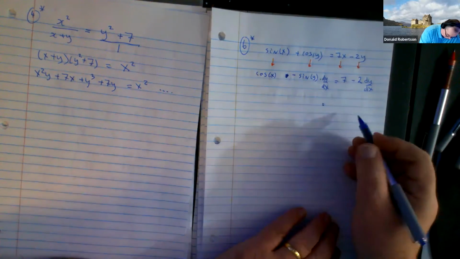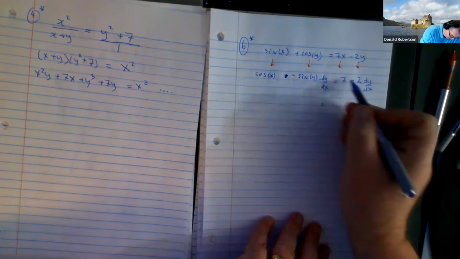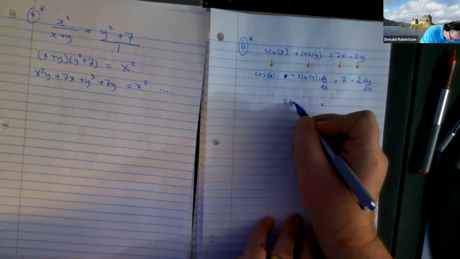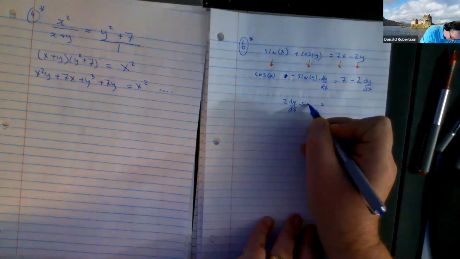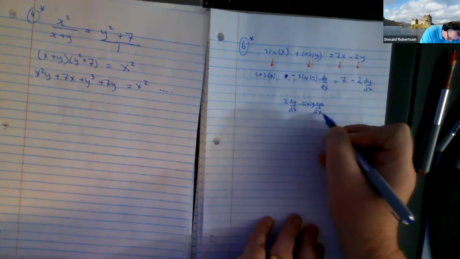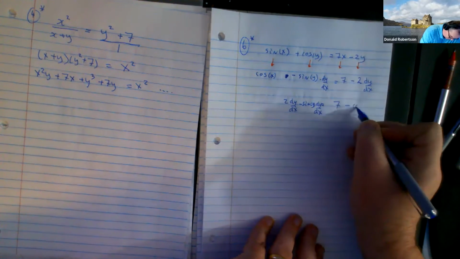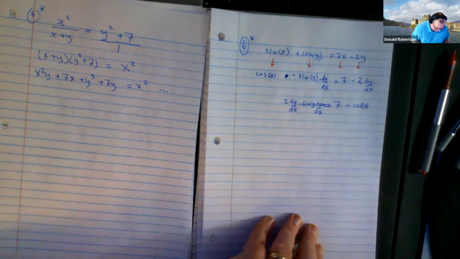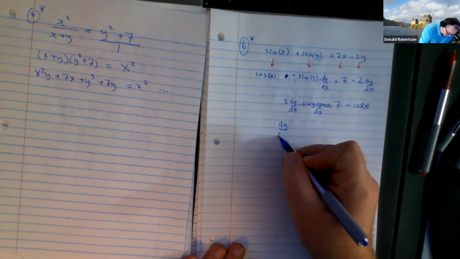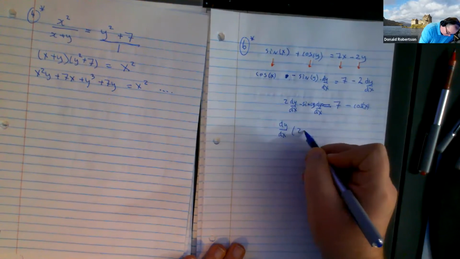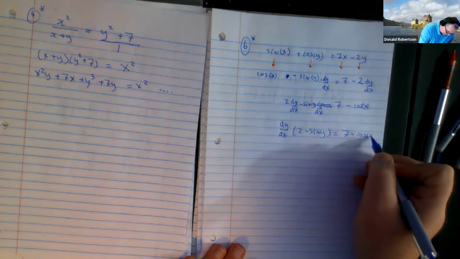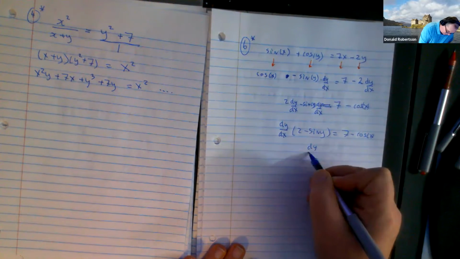And we'll get everything together. So adding 2 dy by dx to both sides and subtracting cosine x from both sides, we now have that. Then I can pull out the dy by dx as a common factor, as you always do. And then I can simply just divide.